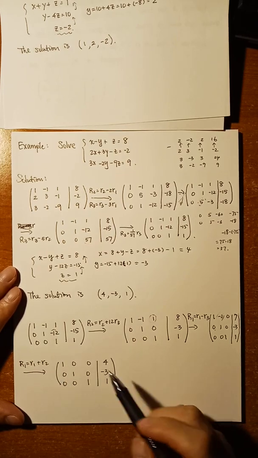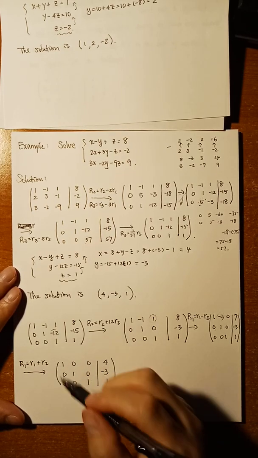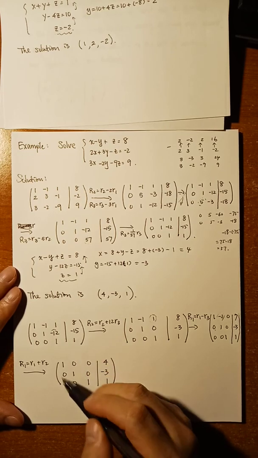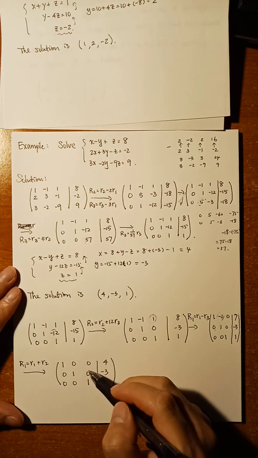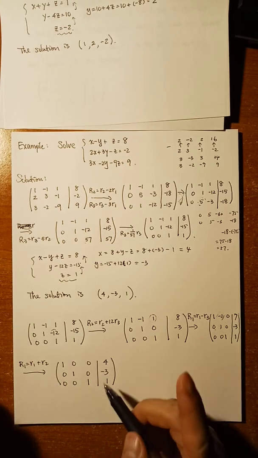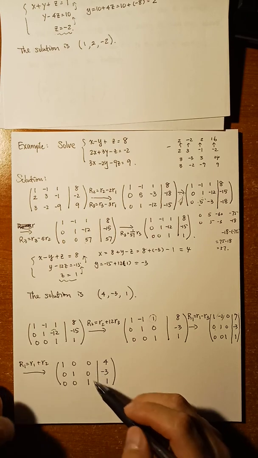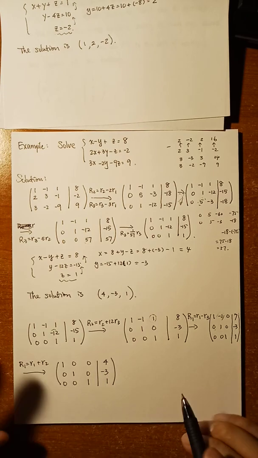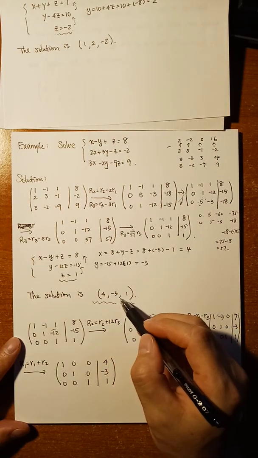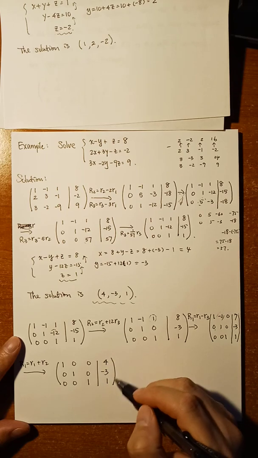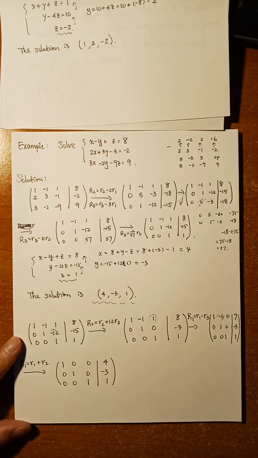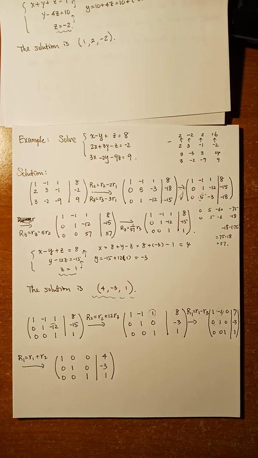Okay, so now whenever we have this row echelon form, and below and above those leading entries 1, all the entries are 0, let's check the solution: 4, -3 and 1. Check this column. This column will give you the solution. That's why we are interested in this process.